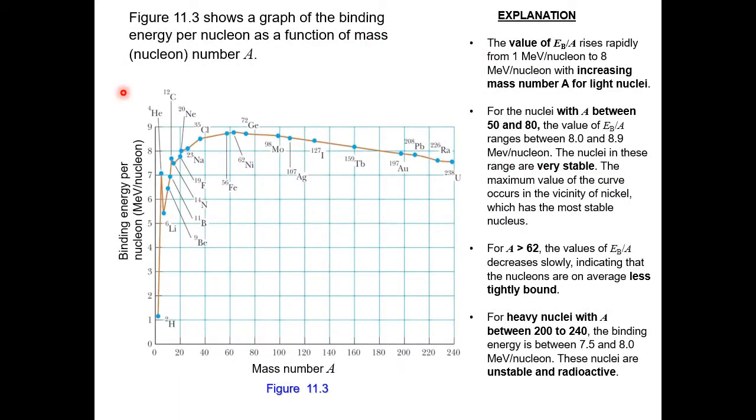This graph shows binding energy per nucleon as a function of nucleon number, or A. As I said just now, ferrum is very stable, followed by nickel. The mass number is around 56 for ferrum and 62 for nickel. Okay, this is very stable, and the explanation you can read here.